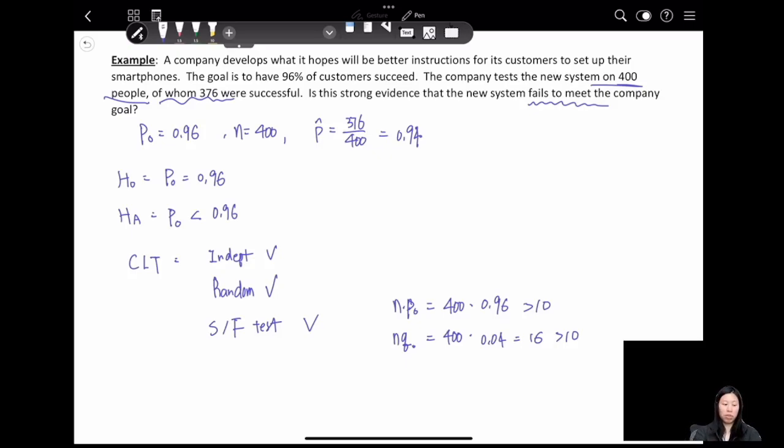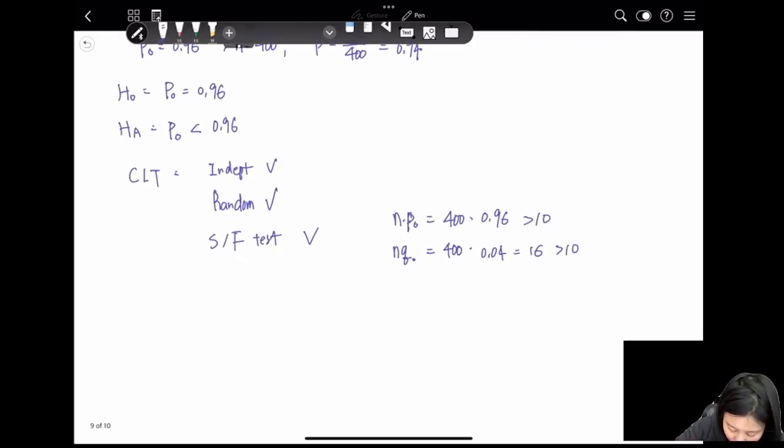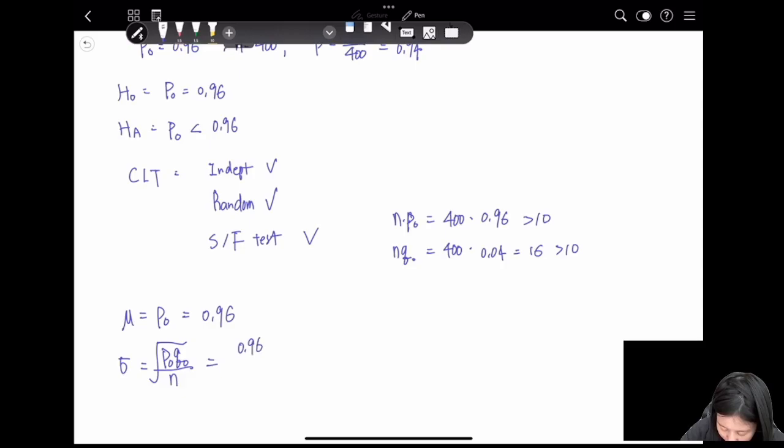Now we set up the sampling distribution of proportion and the test statistic. So we have mu equals p naught, which is 0.96. Sigma equals the square root of p naught times q naught divided by n. So we have 0.96 times 0.04 divided by 400, because they tested 400 people.